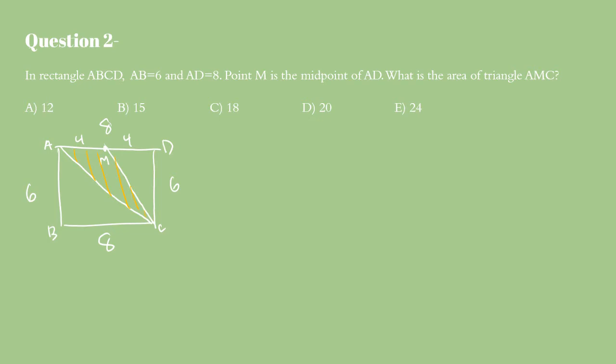Well, the area of a triangle equals 1/2 times base times height. So all we have to do to find the area of triangle AMC is multiply 1/2 times the base, which is 4, and the height, which is 6. So that would be 12. So answer choice A is our answer.